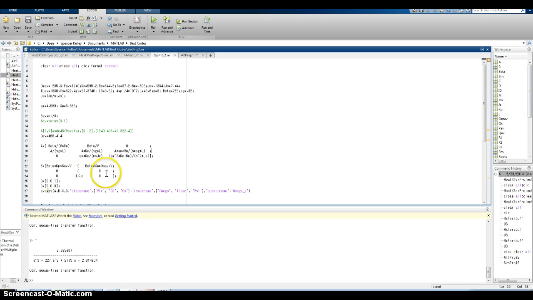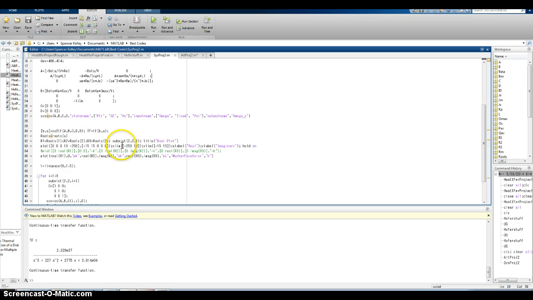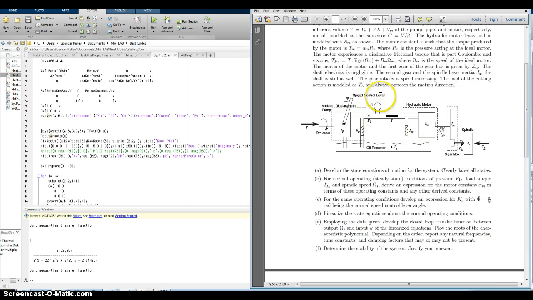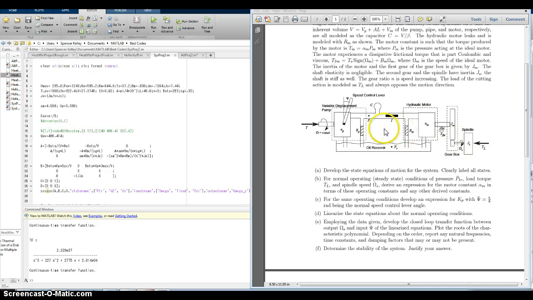This is the Jacobian of the inputs rather. And so it was a 3x3, where the states are, again, pressure through the capacitor, flow through the inerter, and then the spindle speed. The inputs are actually the lever angle, the load being applied to this lathe system, and actually the input omega value.